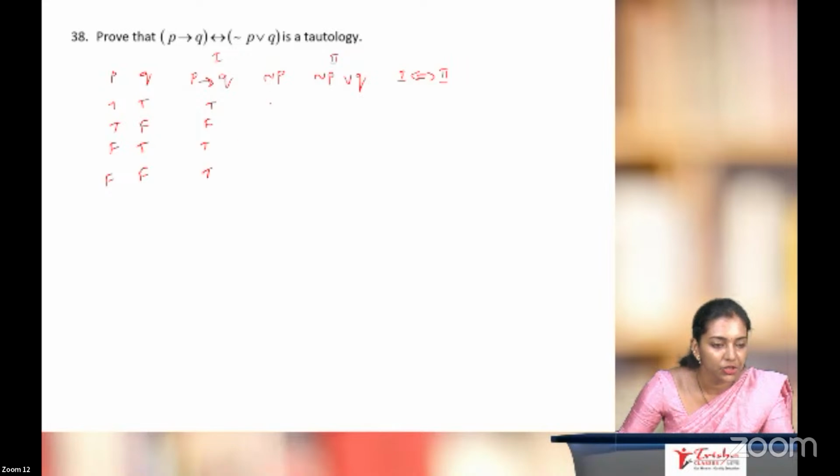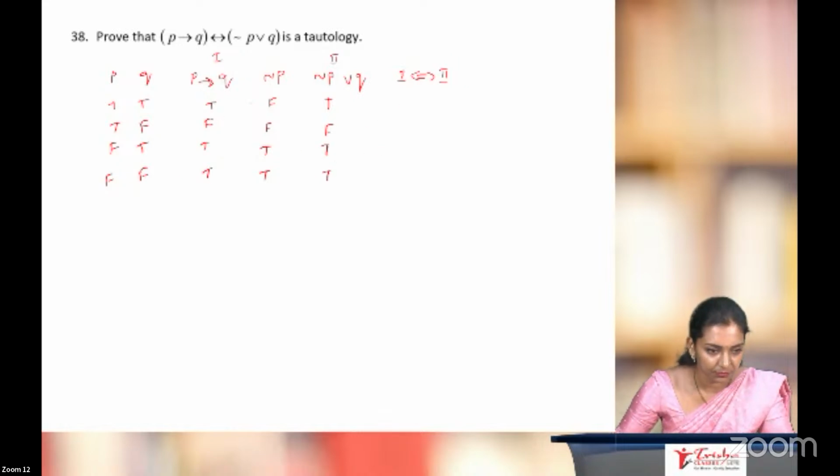Negation P, so you negate the P, so you have F, F, T, T. Next you have negation P or Q, so this column with an OR gate with Q. In OR, when it is false and false, it is false, and in the rest it is true. So here you have T, here you have F because F and F is F, TT is T, F and T is T.